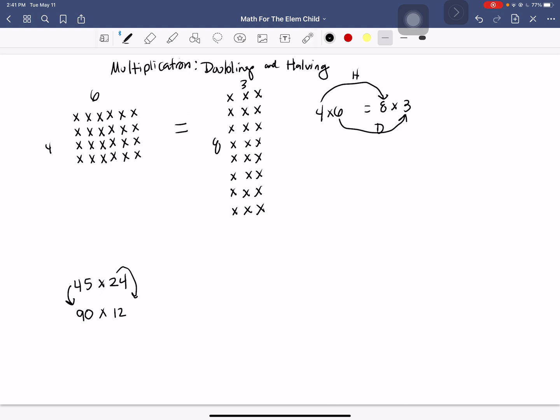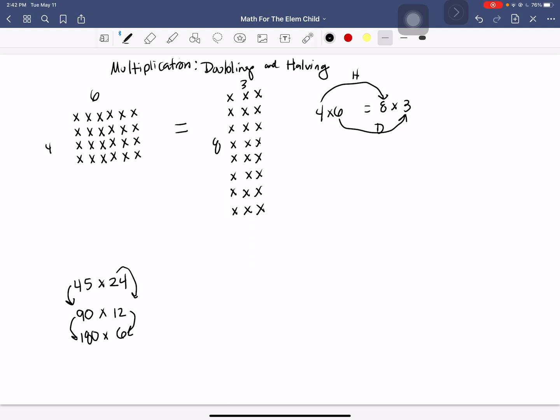So if you double one number, you need to halve the other, and if you halve one number, you need to double the other, until you can't reduce it anymore. So if we have 90 and we double it, it becomes 180. And if we have 12 and reduce it, we have 6.